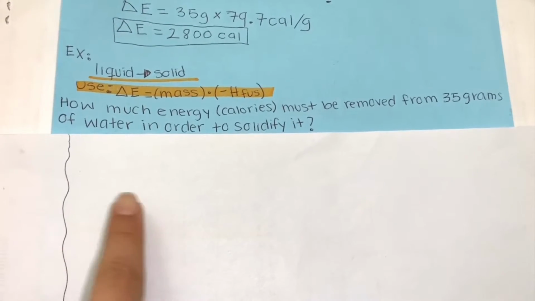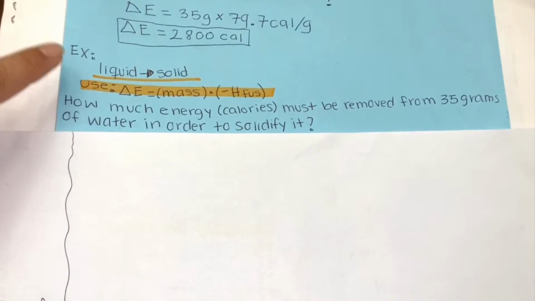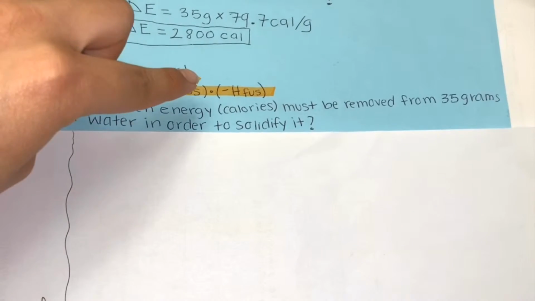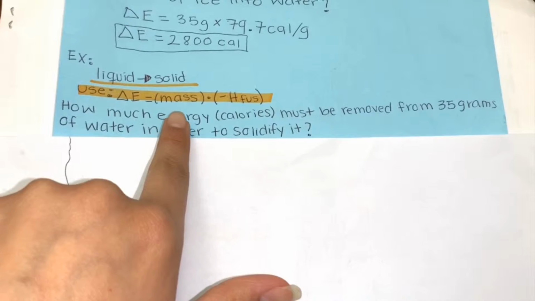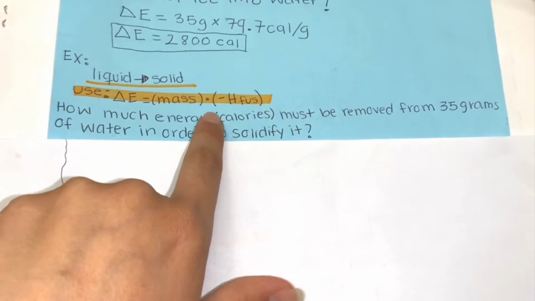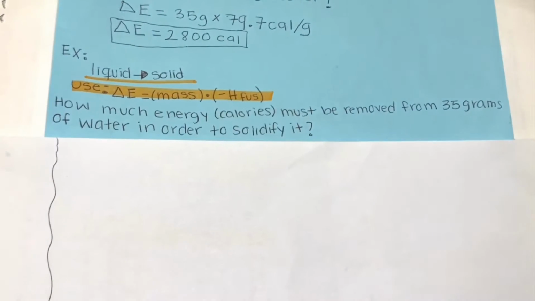So here we are going from liquid to solid. So we're going to use change in energy equals mass times negative, because we're removing energy, heat of fusion.